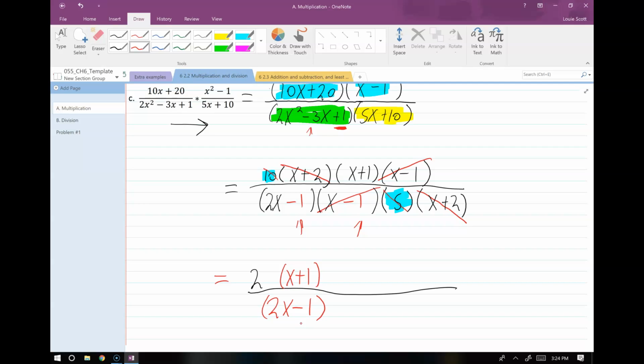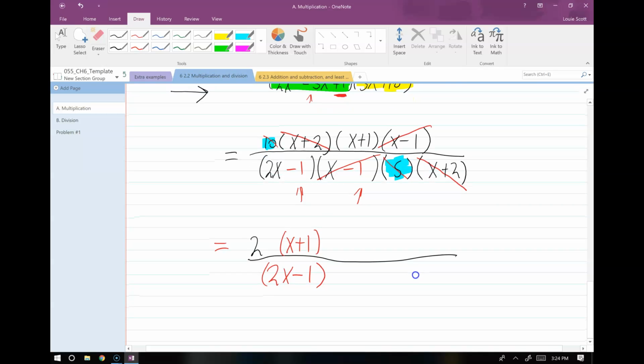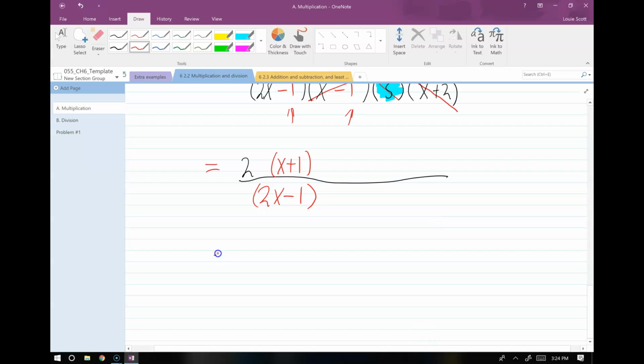Well, what if you take the 2x out after you put the factor in? Oh, careful though, because you're thinking 2x plus 2 over 2x minus 1, right? We're not allowed to cancel these 2x's because they're not multiplied, they're added or subtracted.